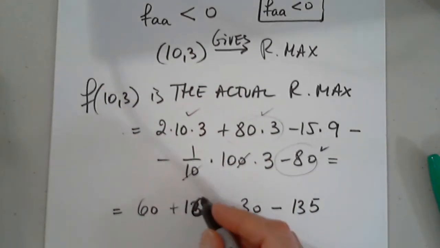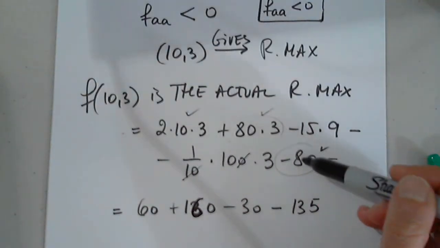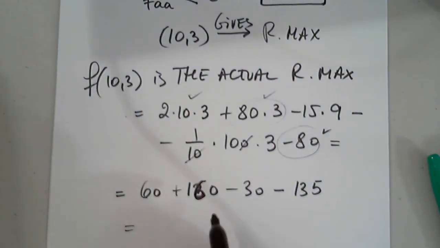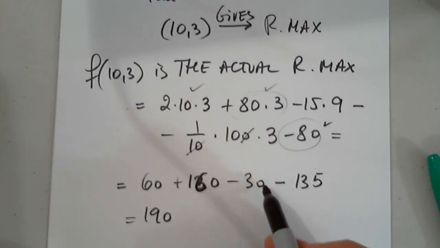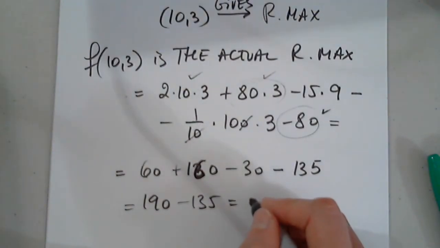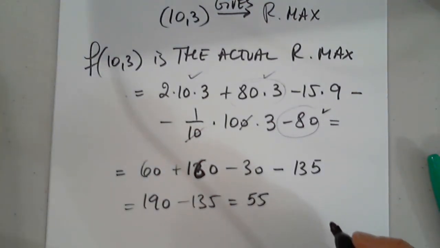Yes. Okay, and this is indeed 60. What I did, I factored out 80. So 80 times 2 is 160. So 30, so this is 190, right? And minus 135. And I think I got, is it 55? 55.